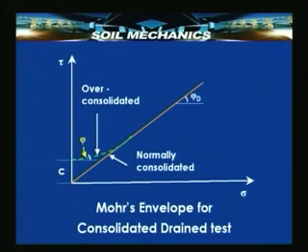The Mohr diagram for this looks somewhat like this. This is the typical Mohr envelope which you see here. Being a drained test, for reasons which I explained last time, the envelope will pass through the origin if the soil is normally consolidated, because the very concept of normally consolidated soil implies that in its initial formation stage, when there is no pressure sigma, it will have no strength, it will be a slurry or a fluid and it will have no shear strength.